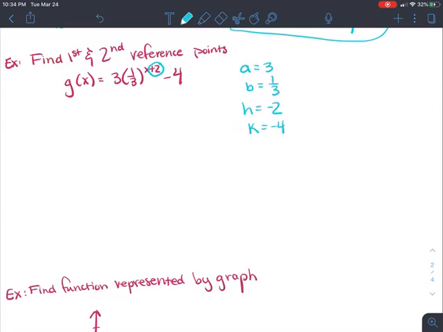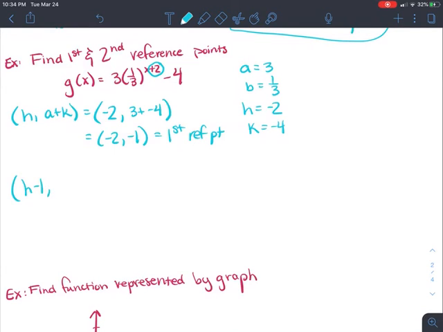I'm going to find my first reference point, which is (h, a plus k), which is (negative 2, 3 plus negative 4). That gives me (negative 2, negative 1). This is my first reference point. My second reference point is (h minus 1, a over b plus k). So h is negative 2 minus 1.